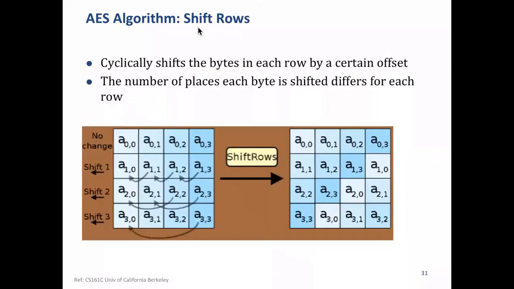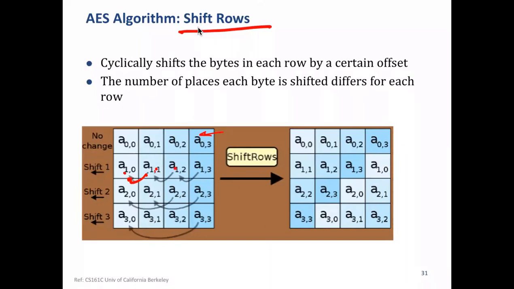The second thing that we can do is shift rows, left shift and right shift. Here, the first row, the 0th row, is not shifted at all. The first row is shifted by 1 byte towards the left, so the byte A12 comes here, and so on.